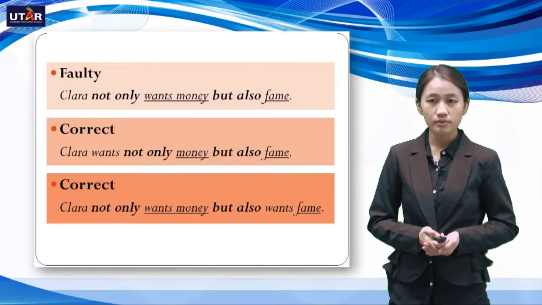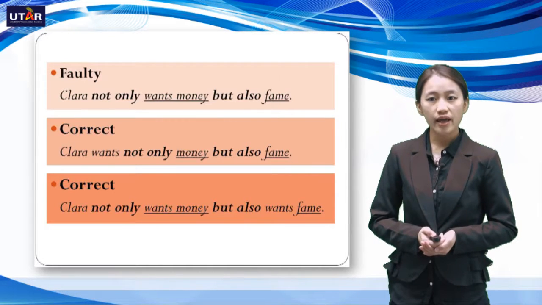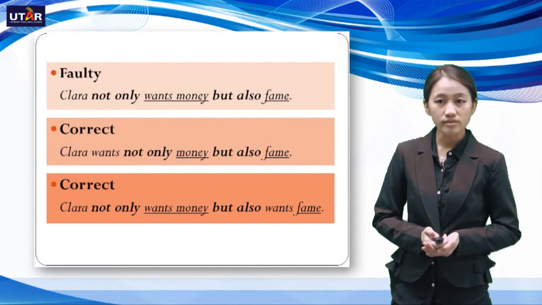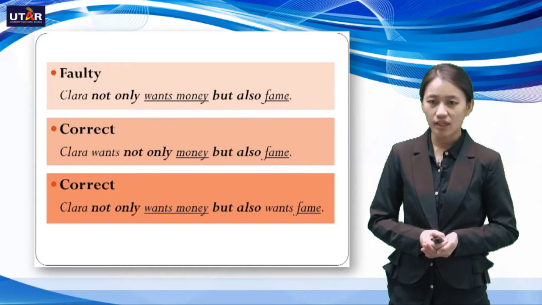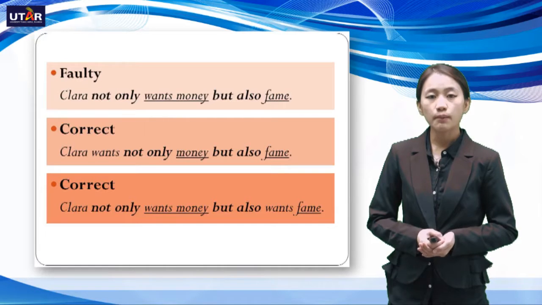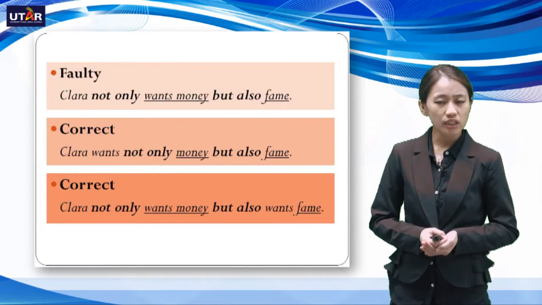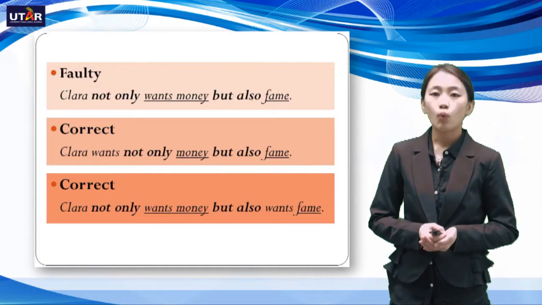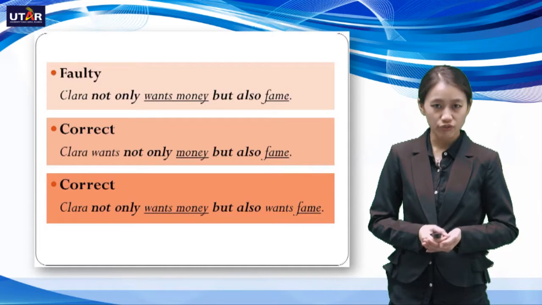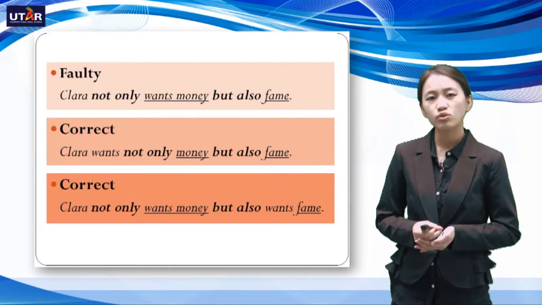Let's look at the example. This will be a faulty sentence. Clara not only wants money, but also fame. So if you notice here, not only but will be the correlative conjunction, but of not equal value. In this case, if you were to see wants money, you have a verb and a noun, whereas but also fame.